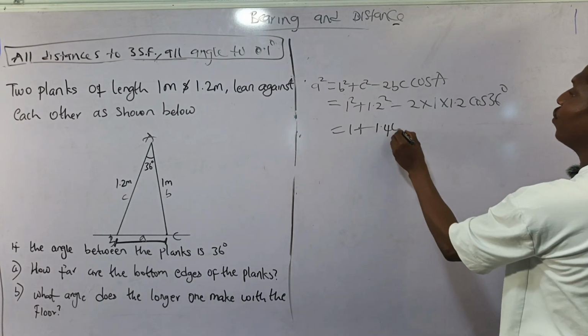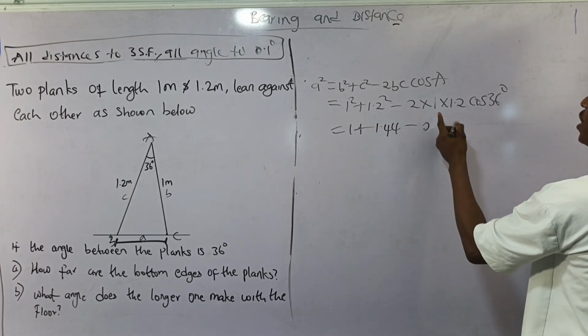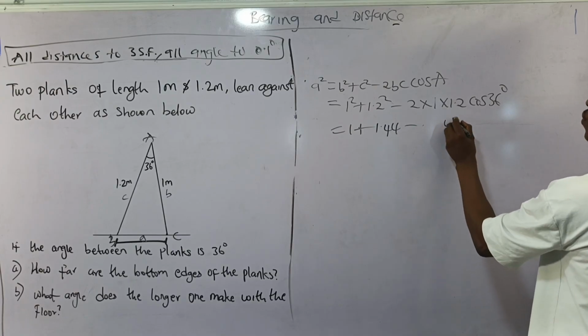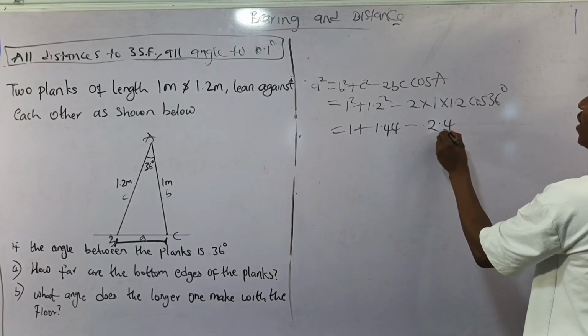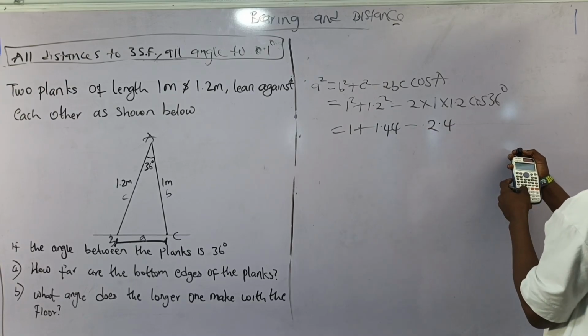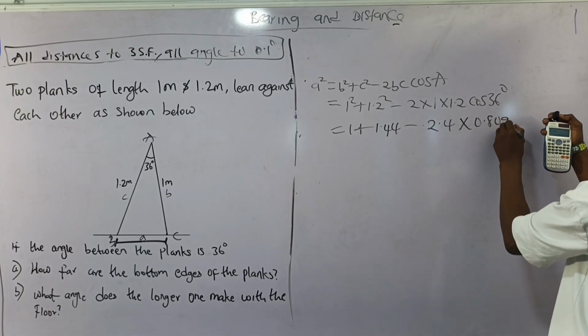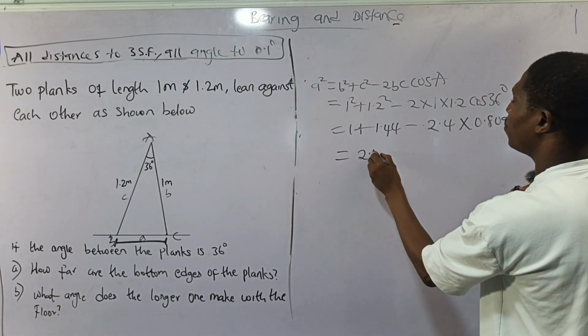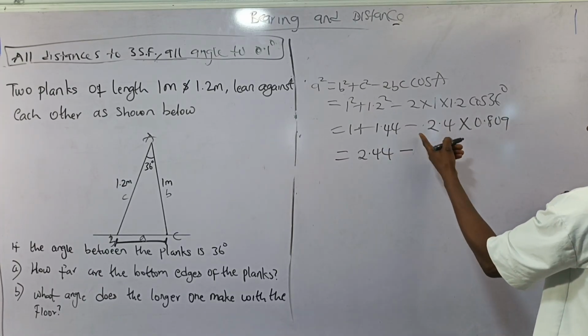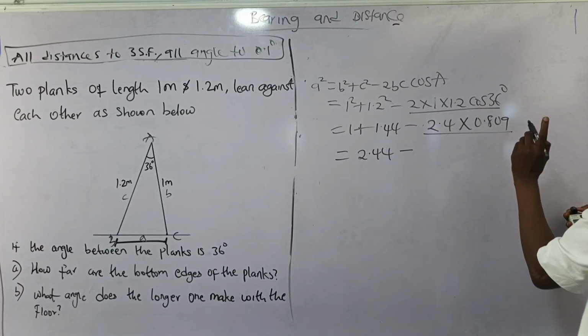So we have 1.44 minus 2 times 1 times 1.2, which is 2.4, cos of 36, which equals 0.809.